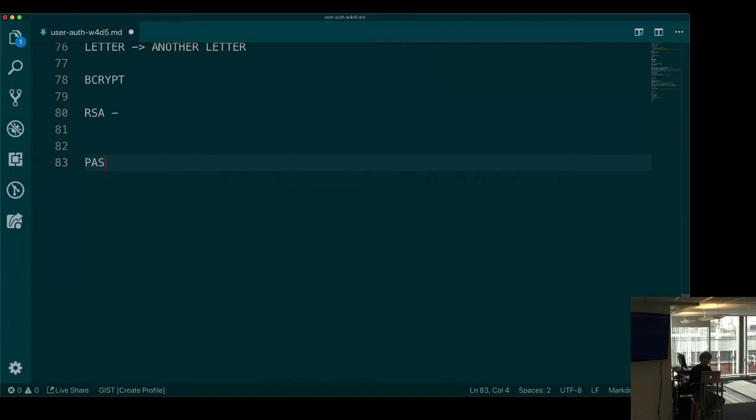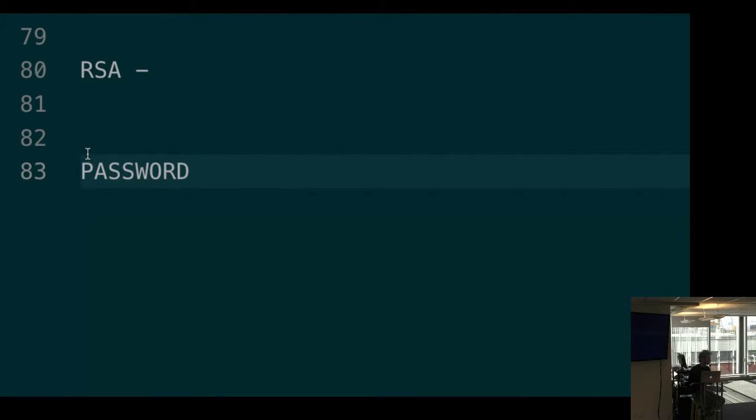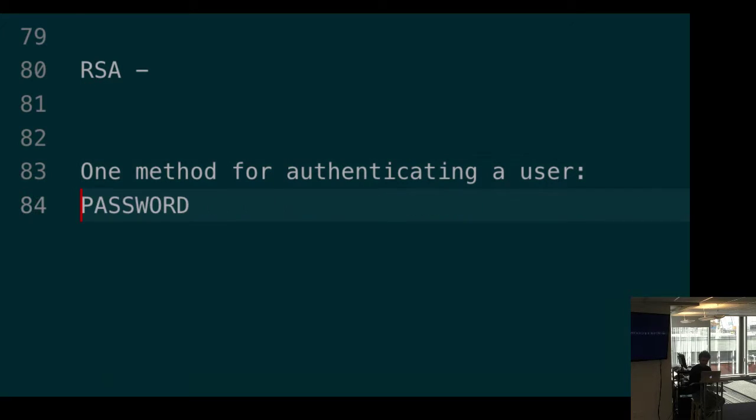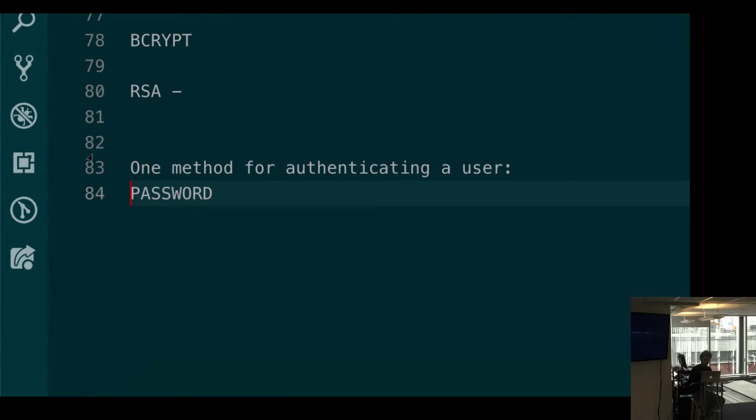Such as, when I signed up for Facebook earlier, I had to set a password. A password is one method for authenticating a user. Authenticating and authorizing are two different things.